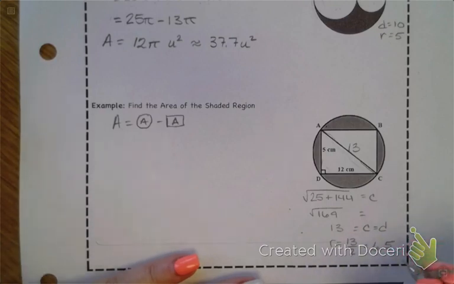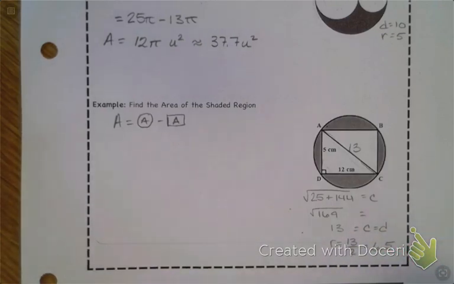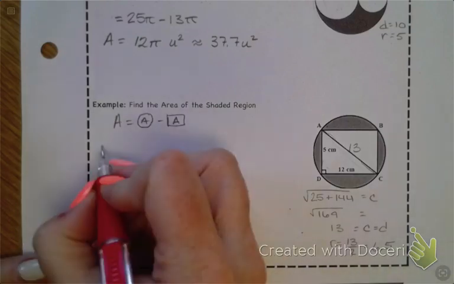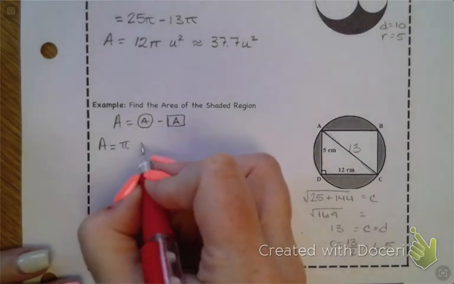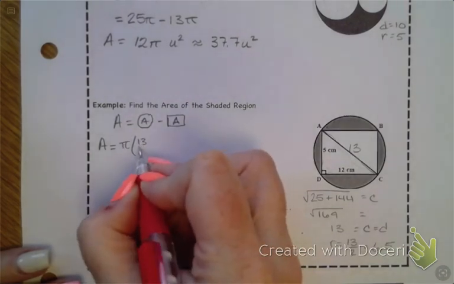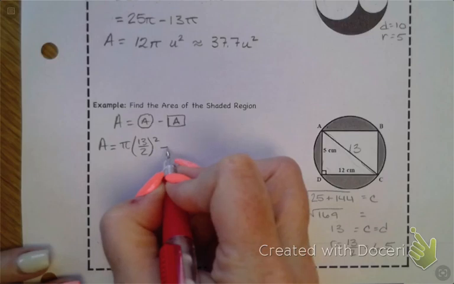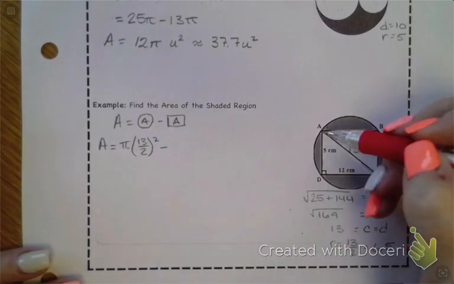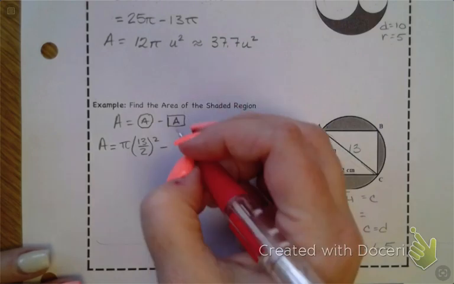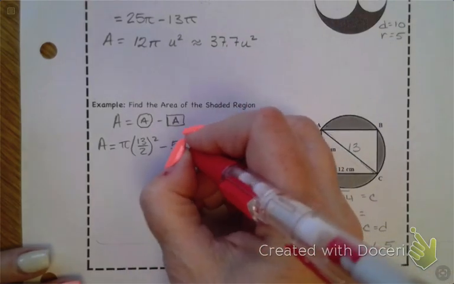Now I'm going to show you what both 6.5 and 13 give. Okay, so I have area equals pi r squared, so 13 over 2 squared, minus the area here. Well, it's a rectangle, so it's base times height, so 5 times 12.